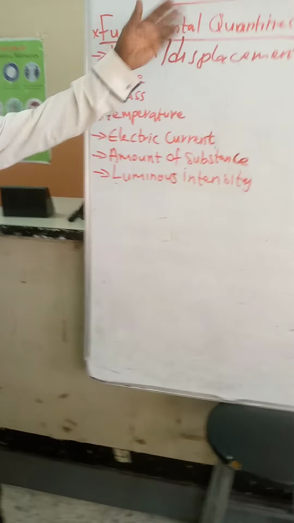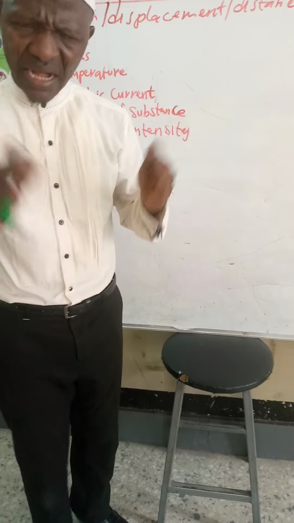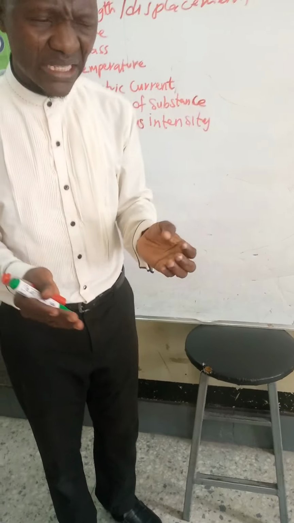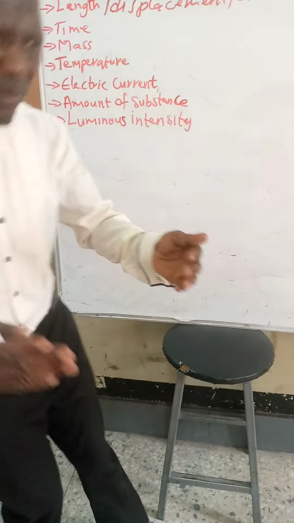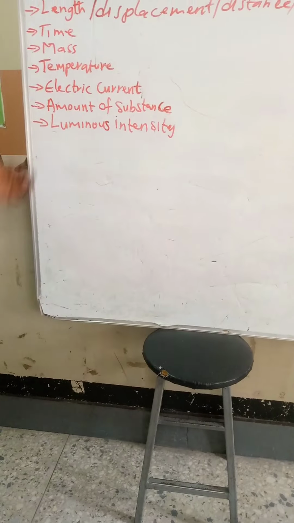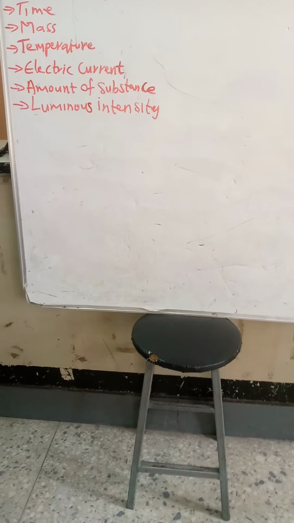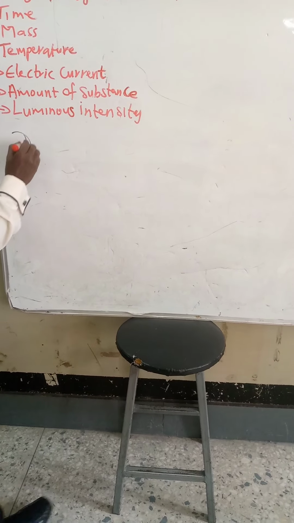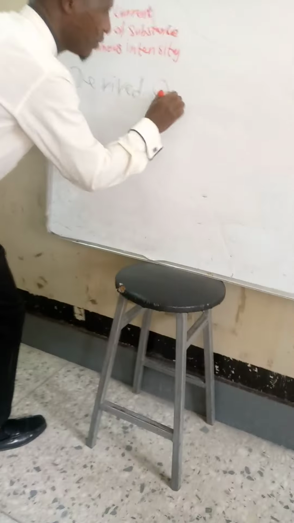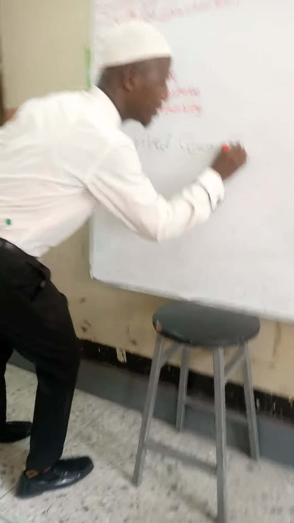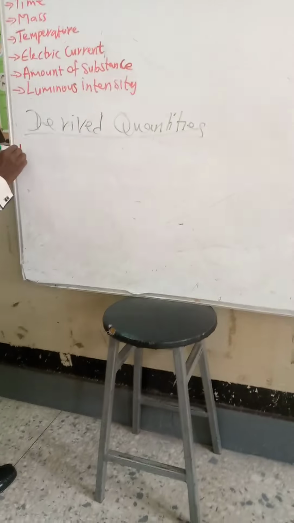Now we are going to derived quantity. When you say derived, from the name, they are the quantities that we can get by combining 2 or more of these fundamental quantities. For instance, let's say derived quantities. Let's take, for instance, area.